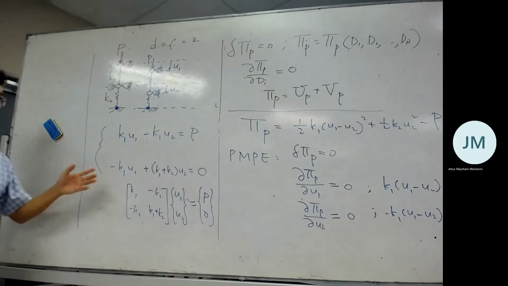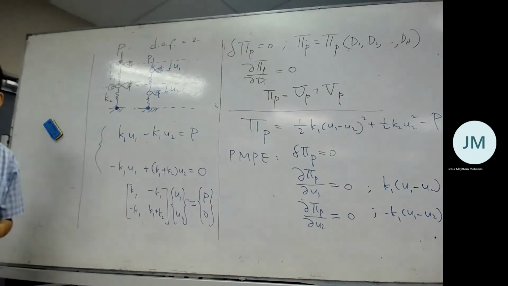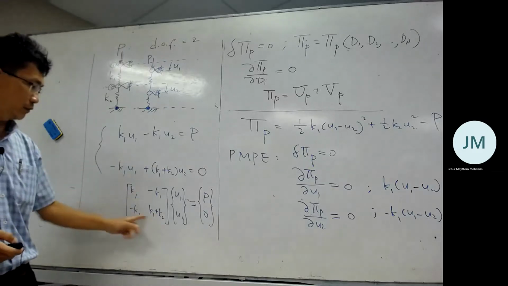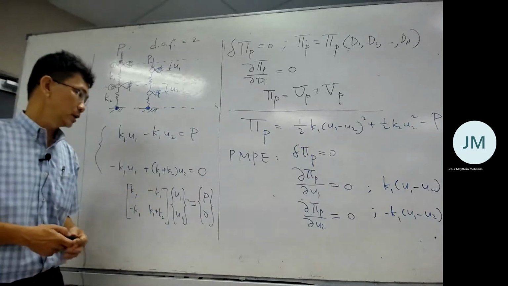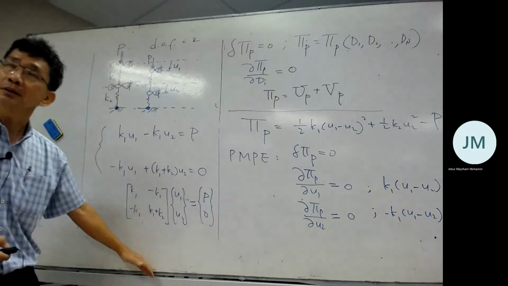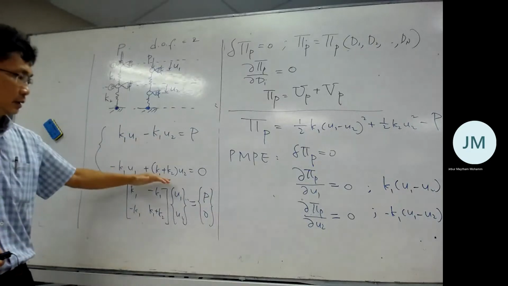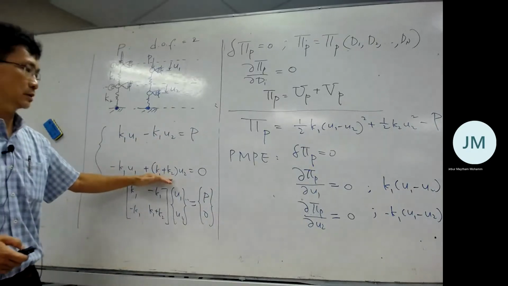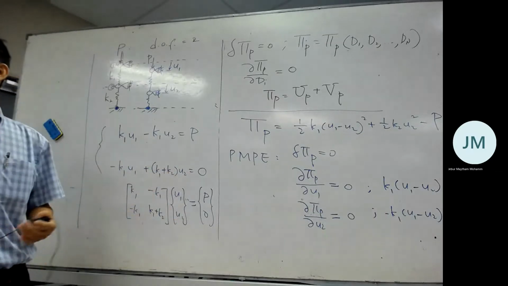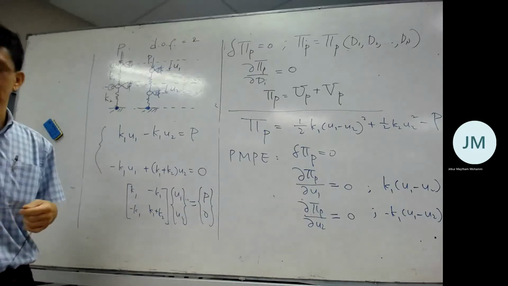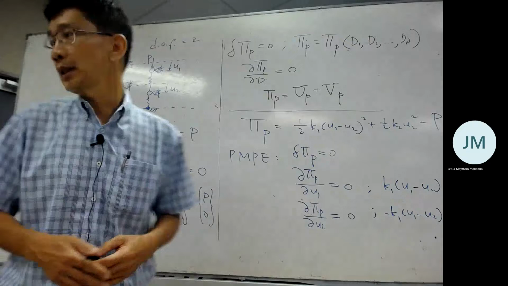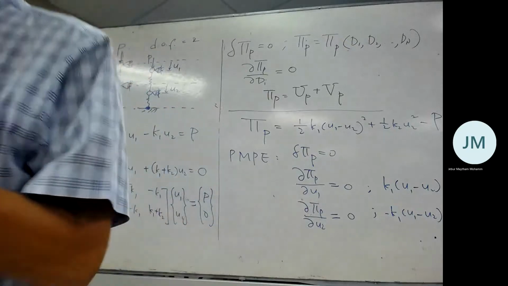Of course, we can make use of a computer or calculator to help us solve. So in principle, you end up with simultaneous algebraic equations that you need to solve for the degrees of freedom, U1 and U2 here.